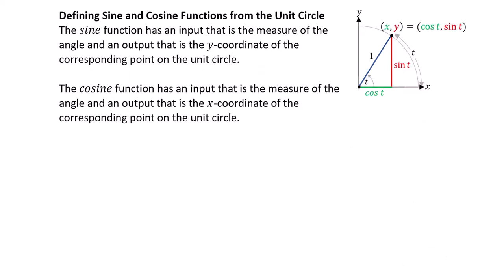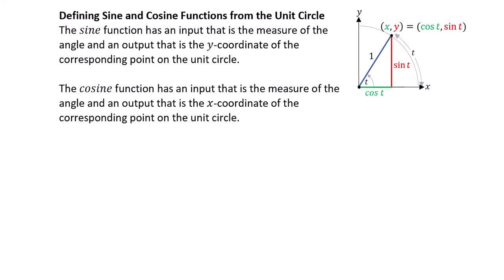Defining sine and cosine functions from the unit circle. The sine function has an input that is the measure of the angle and an output that is the y-coordinate of the corresponding point on the unit circle.